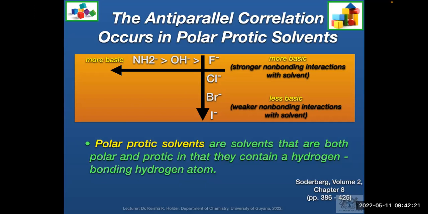It's important for you to know that, because obviously there are a whole host of compounds that contain hydrogen, but not all of those hydrogen atoms would participate in hydrogen bonding. So when you are looking to identify what your polar protic solvent looks like, you need to be able to see the presence of both of these characteristics. There must be polarity, and there must be a hydrogen bonding hydrogen atom.